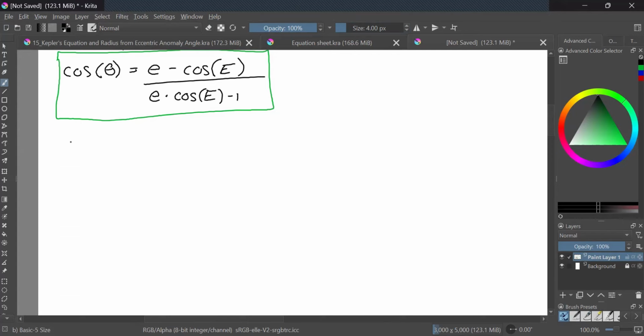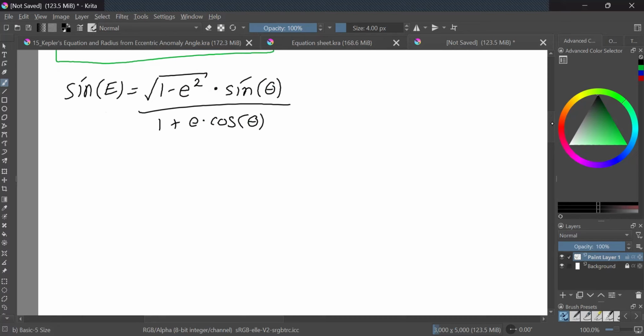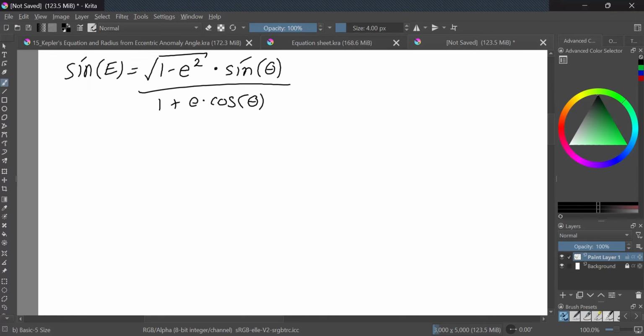So we will have the sine of the eccentric anomaly angle is equal to square root of 1 minus the eccentricity squared, times the sine of theta, all over 1 plus the eccentricity times the cosine of theta. All right. Move that down. We will do the same thing as before. I'm just going to fast forward through this part.